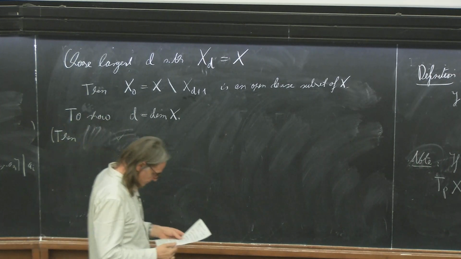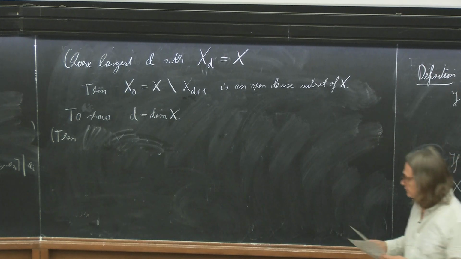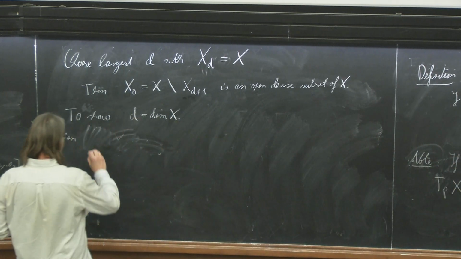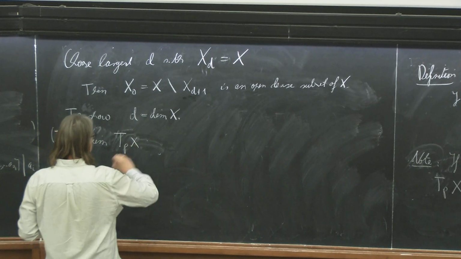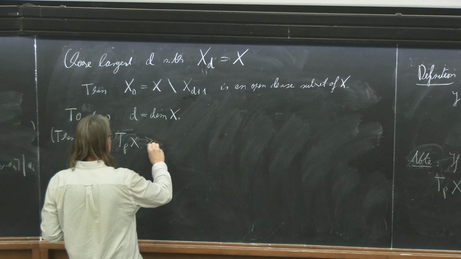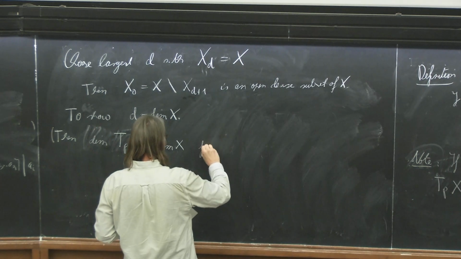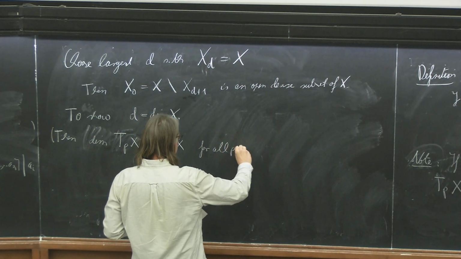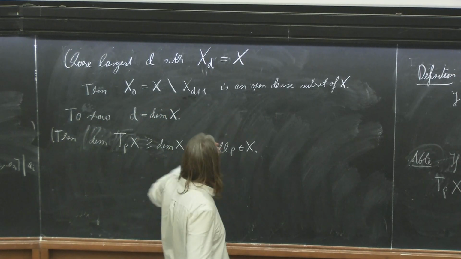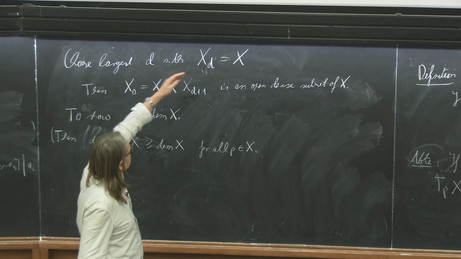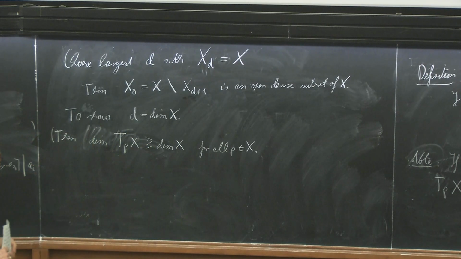So the first is then the dimension of T_P X is bigger or equal to the dimension of X for all P in X. No, because that's precisely, now this is d, and we had precisely said that X_d is equal to X, where d is the dimension, so at all points we have this.